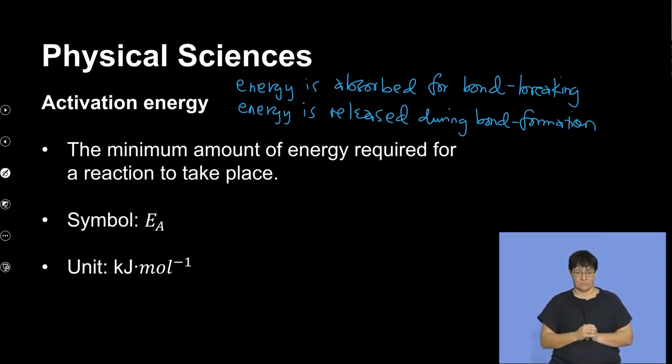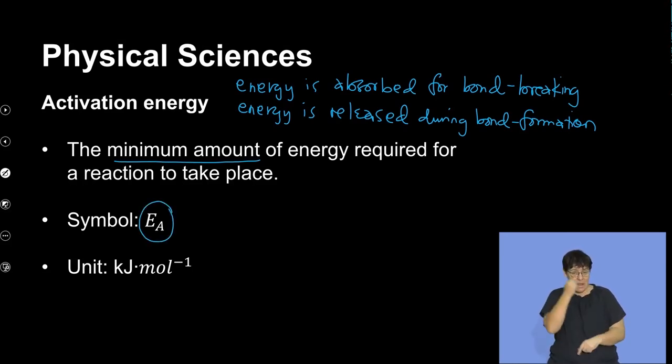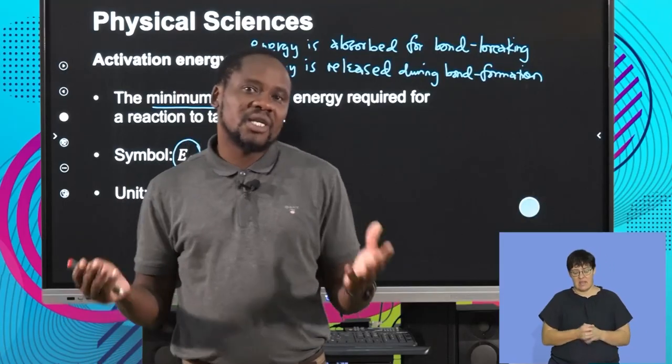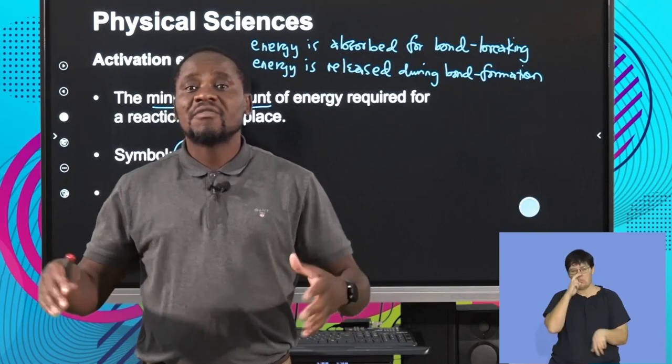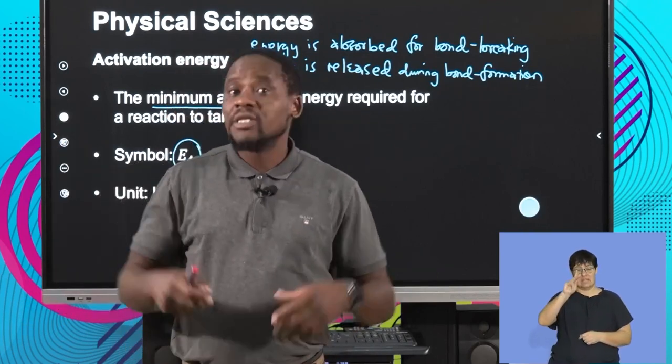For a reaction to start, there's a certain minimum amount of energy that is required, and that minimum amount of energy is called the activation energy. The symbol E subscript capital A stands for activation energy. For argument's sake, say a particular reaction requires 50 kilojoules of energy to start.